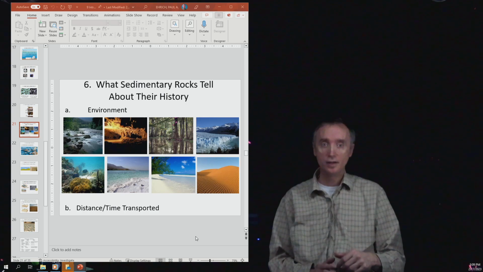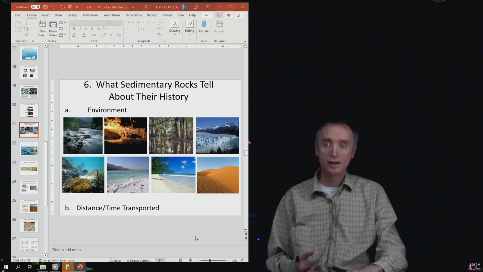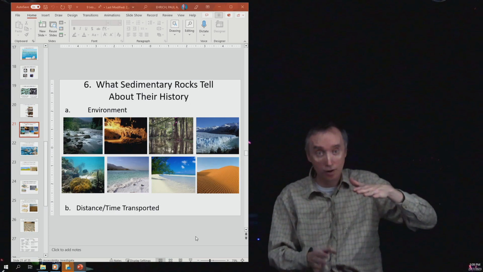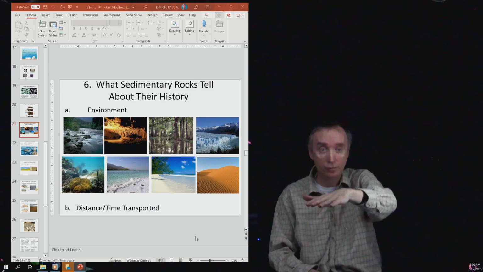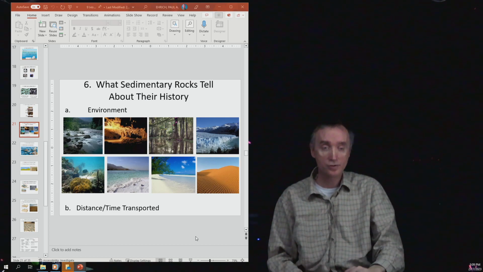Okay, the one that's next to it is going to be glaciers. And so glaciers leave signs such as rocks that have been scratched, because as the rock has gone over bedrock, it gets scratched as it's caught up underneath the glacier.